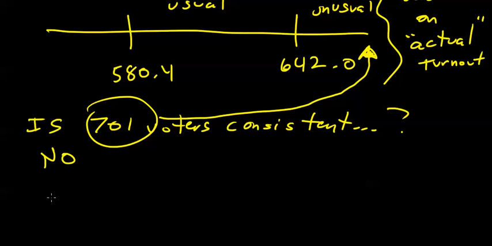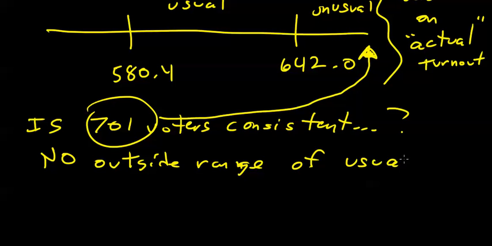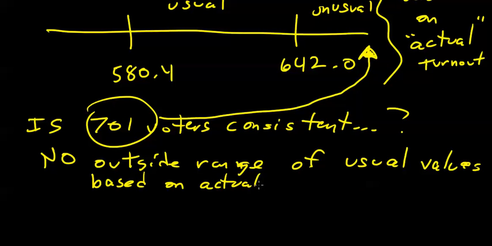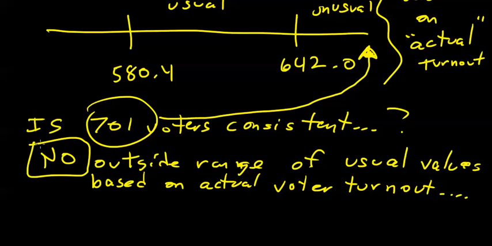So I'll summarize it like this. The claim of 701 voters out of 1,002 surveyed is outside the range of usual values based on the actual voter turnout of 61%. Okay? So, in short, the answer to part B is no, it is not consistent.